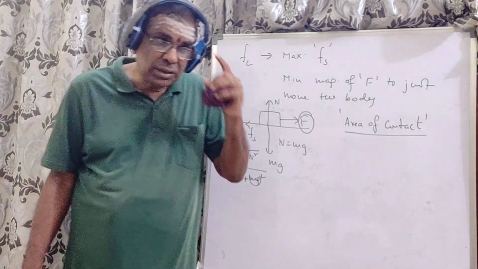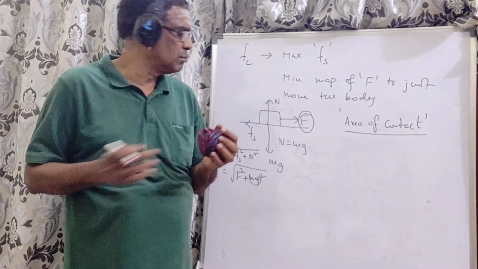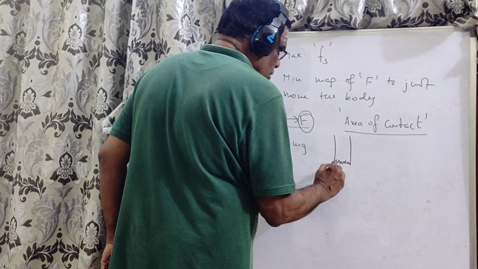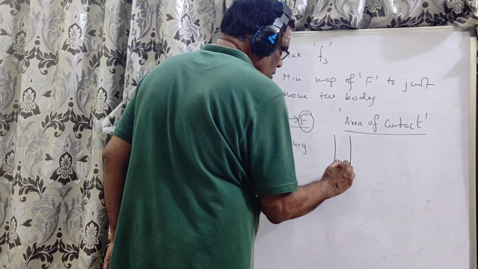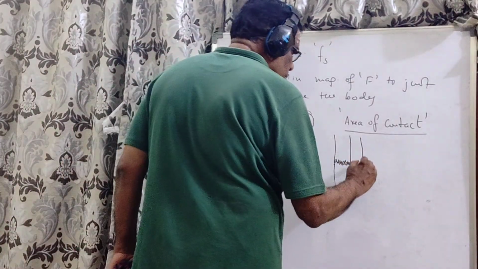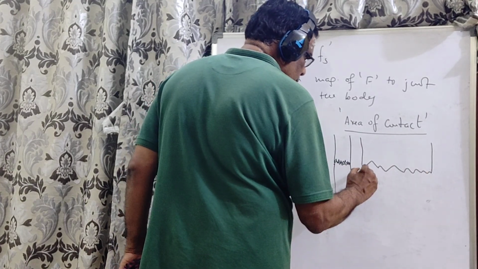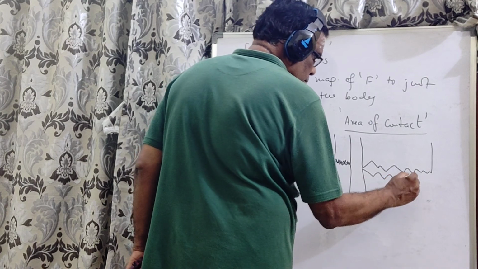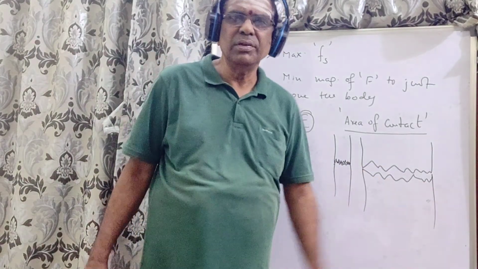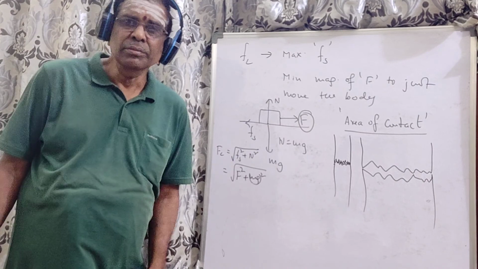Why? A small area may have more contact points. Small area, but many contact points. A large area may have very few, far less number of contact points.